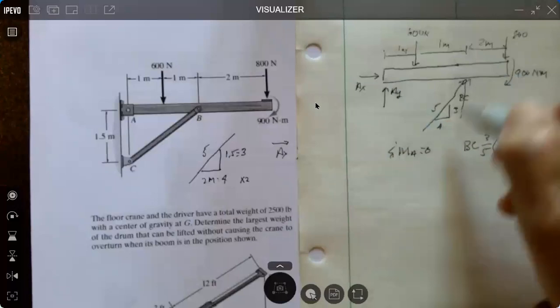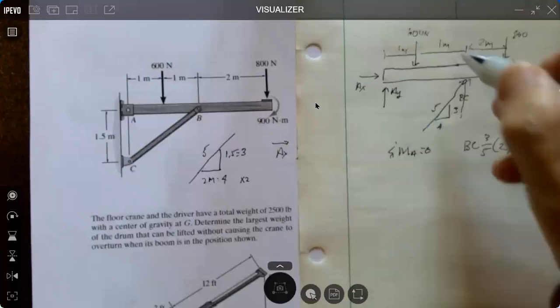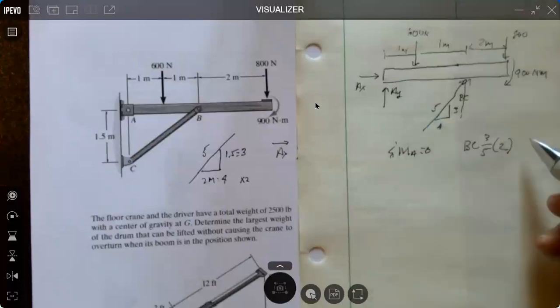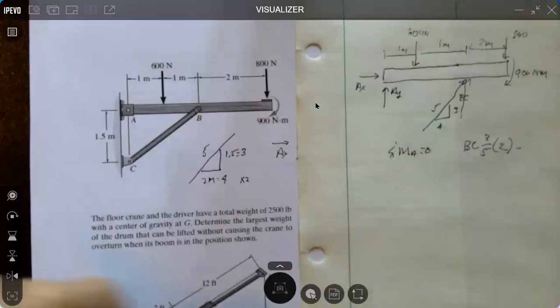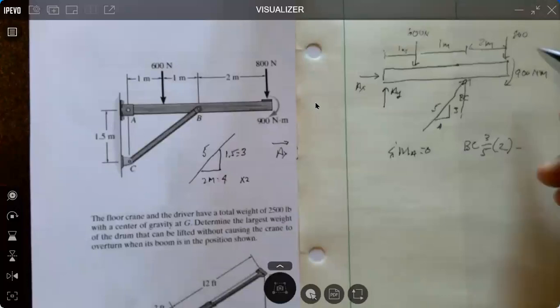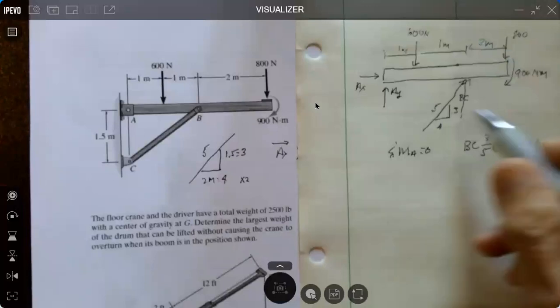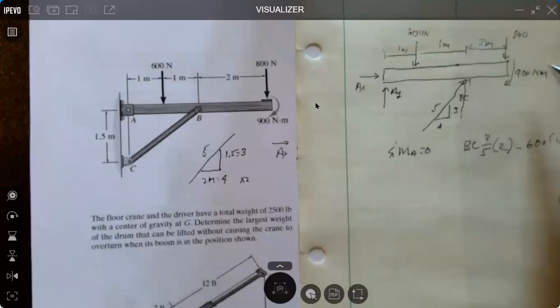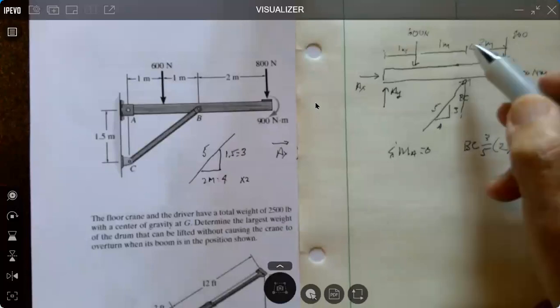And again, this is going in the counterclockwise direction, which is positive. And then minus the 600 newtons times 1, and minus 800 newtons times 2, 3, 4.